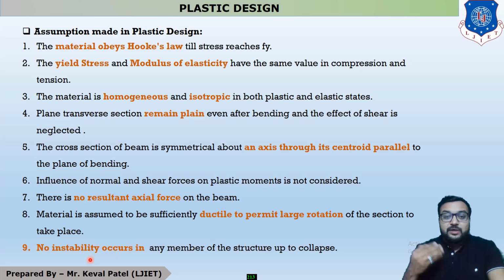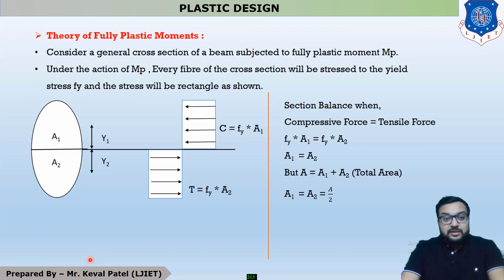Now you have to derive some equations. For that, your next theory is the theory of fully plastic moment. First of all, you have to assume one cross-sectional area having some unequal shape. You can see that in this figure it is an equal shape, but you have to assume that it is unequal.